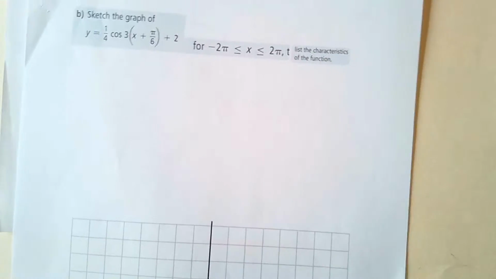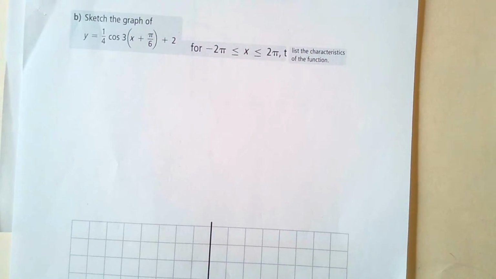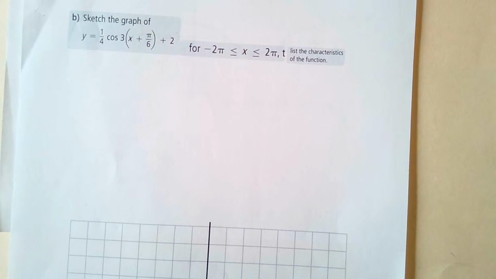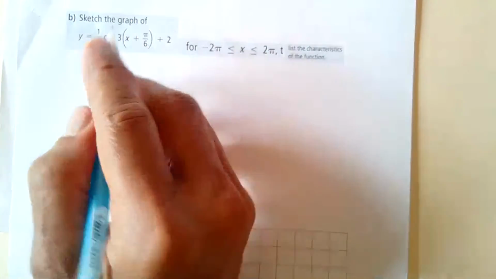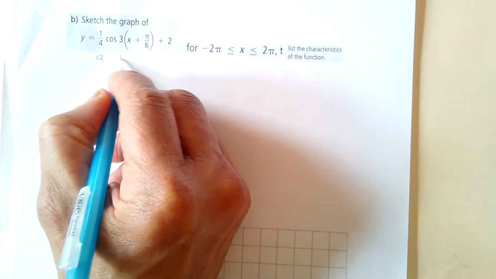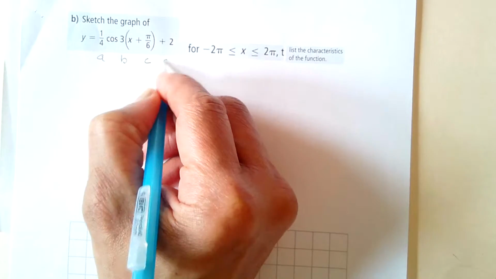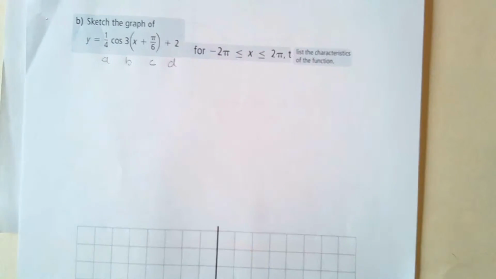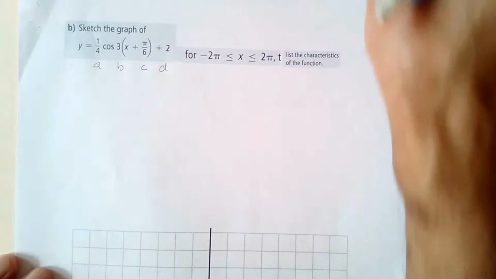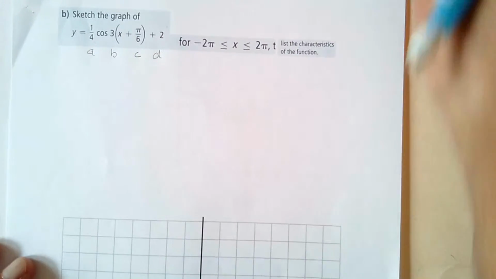Now we are asked to sketch the graph. We have a quarter as the amplitude, so this is the amplitude, and you have B, C and D, and we're going to refer back to it.